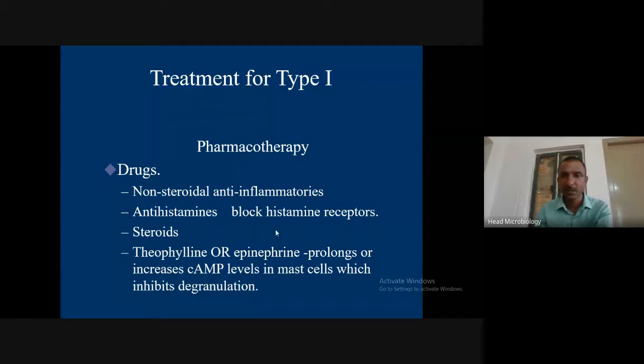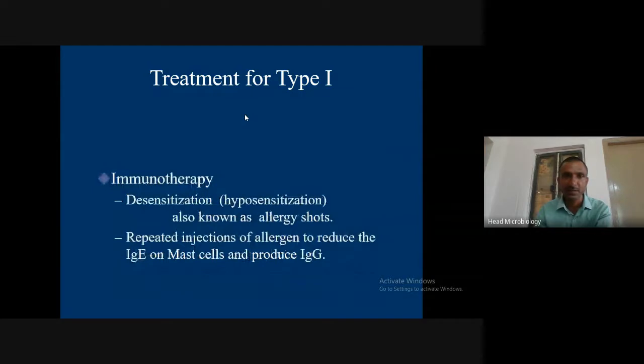For smaller reactions, non-steroid drugs like cetirizine are used, and steroids are used for heavy dosages. Light dosages are enough for type 1 hypersensitivity in pharmacology.